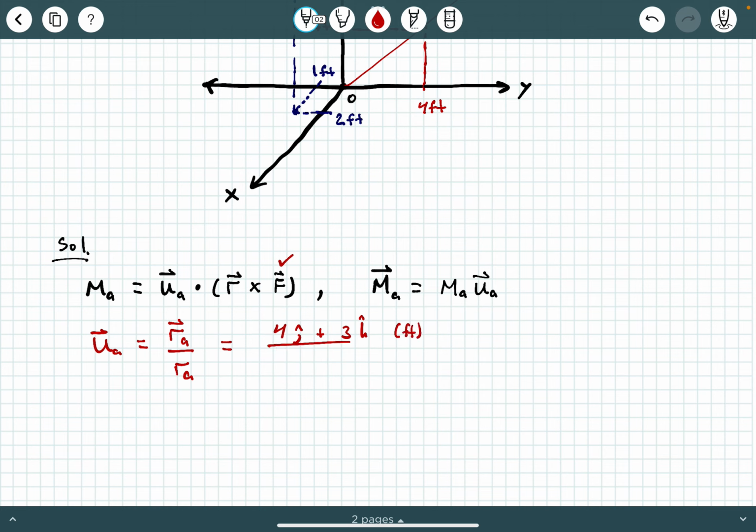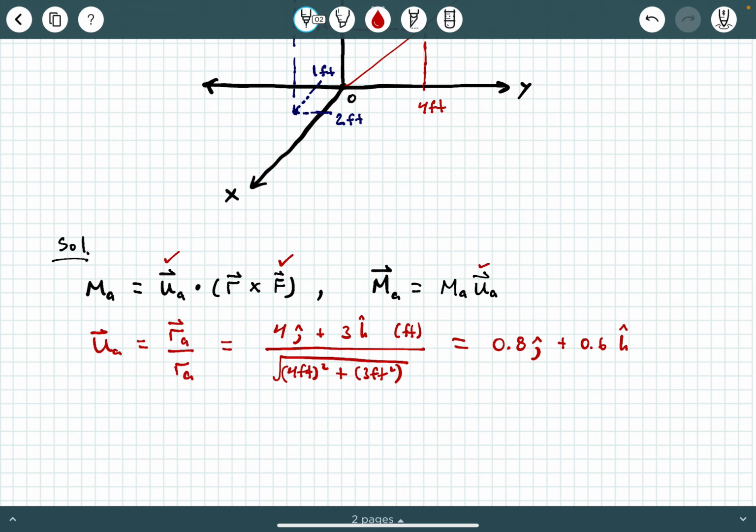And then we're going to divide that by the magnitude, which is the square root of 4 feet squared plus 3 feet squared, and you should get a unit vector of that A-axis of 0.8j plus 0.6k. Okay, so now we have that u sub A unit vector that defines the A-axis. So I'll put check marks there.